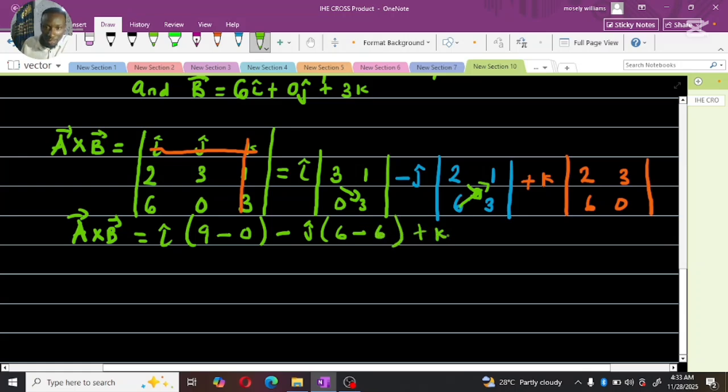Plus we have K, 2 times 0, 0, minus 6 times 3, that is 18.